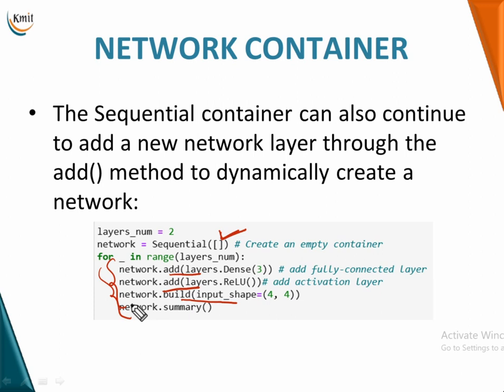This is very good. Keras as a library made our process of coding very smooth. So this was the introduction to Keras and its network container. We are going to see how to create a model, load a model, and save a model in our next class.